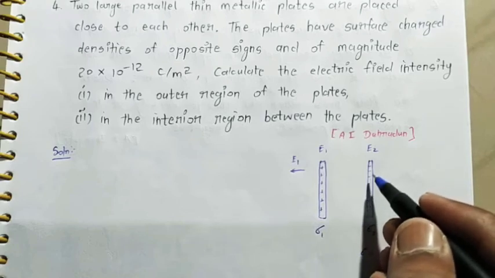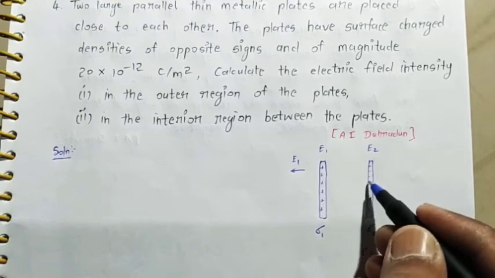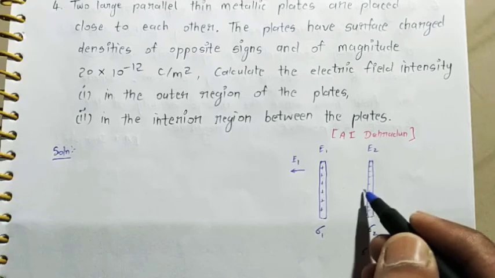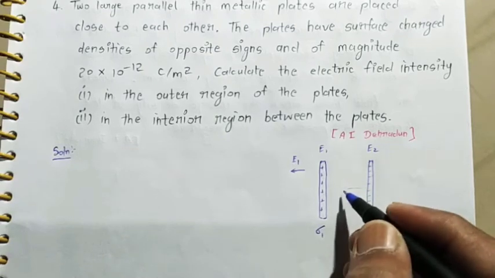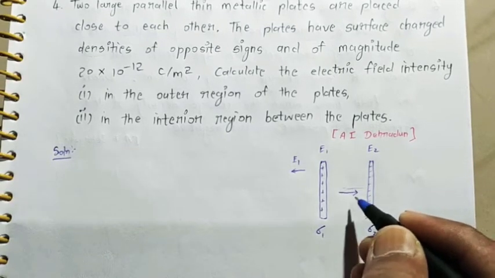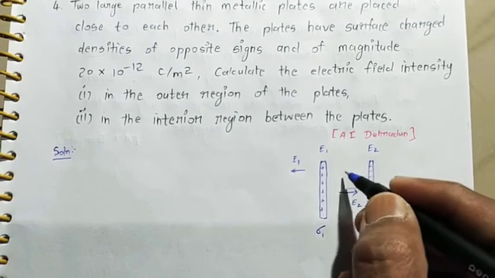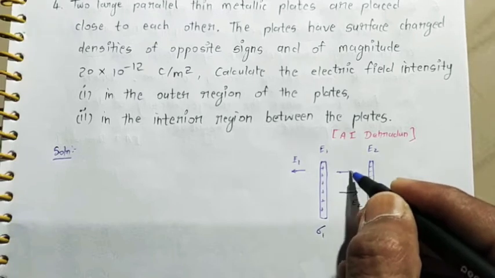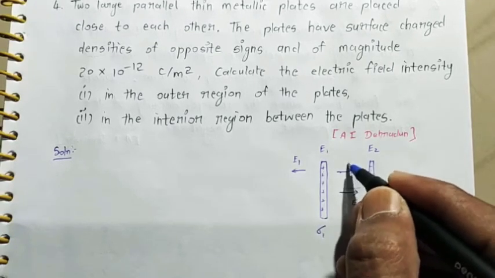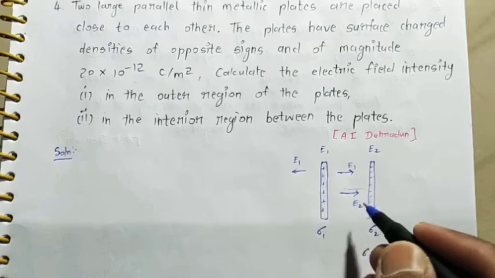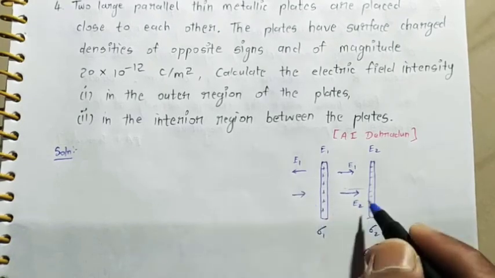And by this plate, since it is negatively charged, the arrow will be inward. So here E2 will be in this direction towards the plate, just because it is negative charge, and E1 is again outward from the positive charge, so E1 will be in this direction, and here E2 will be this direction.